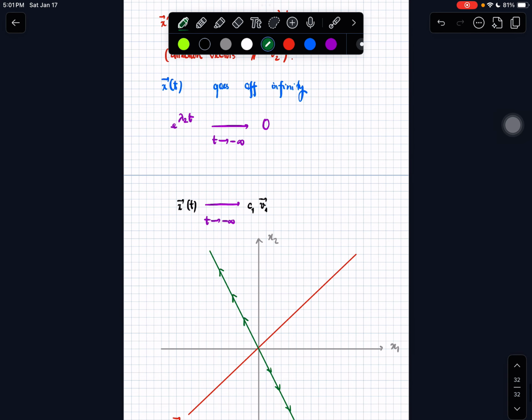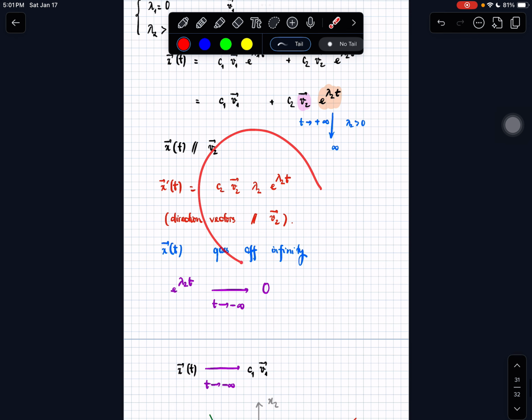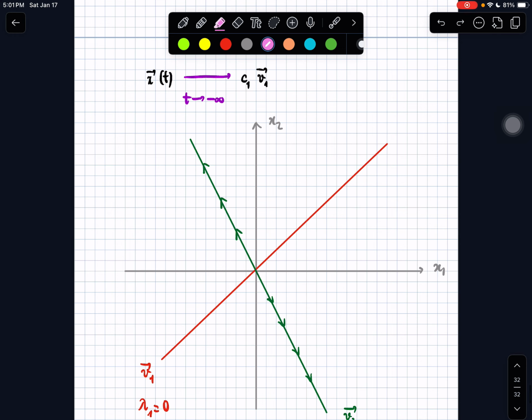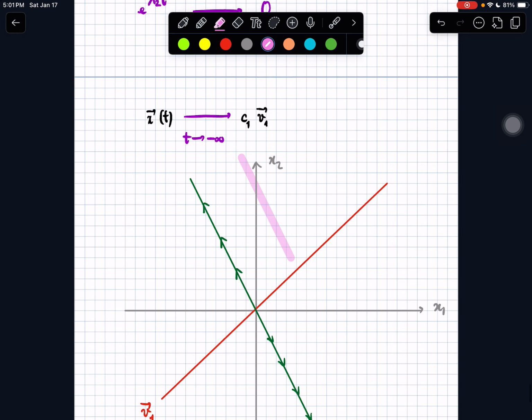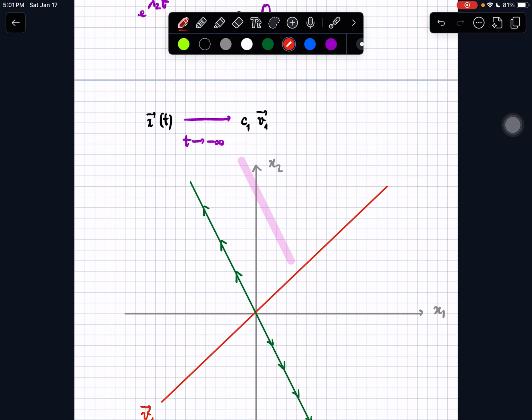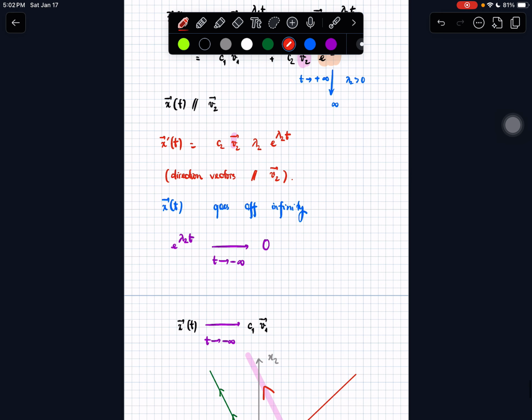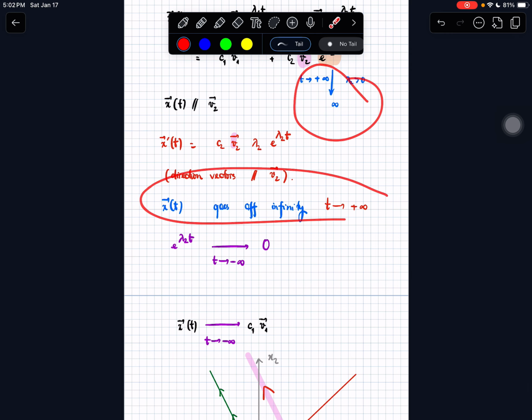Second thing is that everything else will be parallel to v2 for any c2 here. You see, it's only parallel to v2. For example, this one is parallel to v2. And when that one goes to infinity, you see that x goes up to infinity when t goes to infinity.